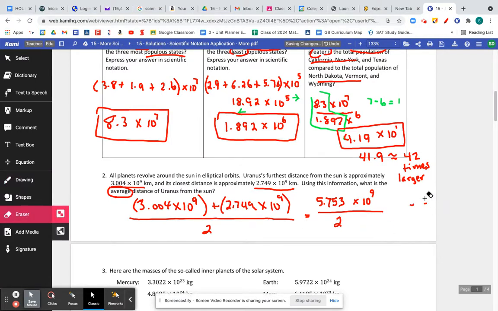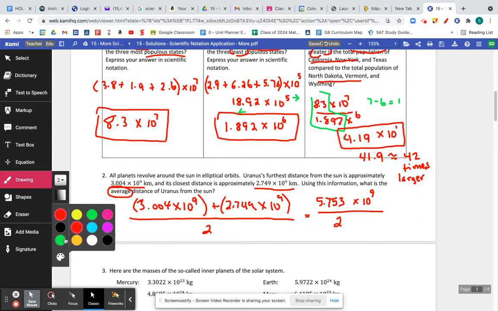We can think of the 2 as just a 2. The 2 is going to be part of the divider right here. And then the power is going to be this top 9 minus whatever the power is down here, which there isn't one.